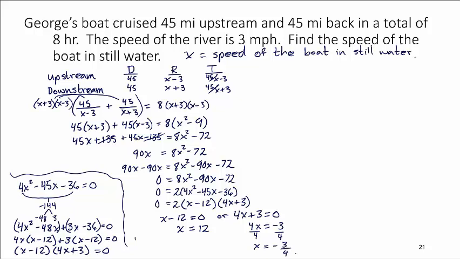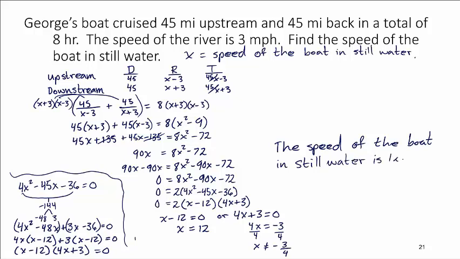In terms of the speed of the boat in still water, it certainly doesn't make sense to have a negative answer, right? So I'm going to use x equal to 12, and I'll put that in a complete sentence. The speed of the boat in still water is 12 miles per hour.